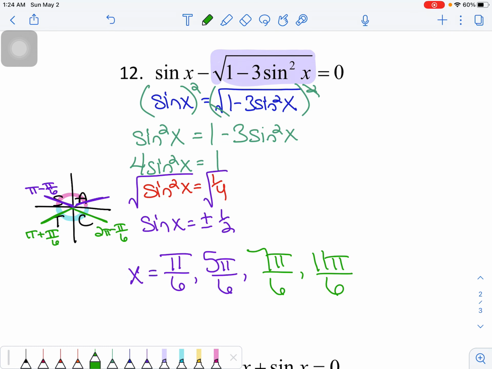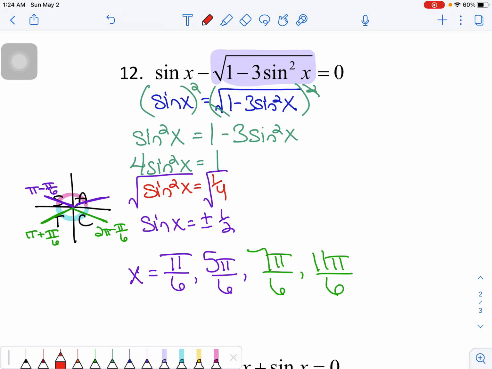Now, I would love to tell you that you are done with problem number 12, but then I'd be lying to you, and I don't try to do that too often. The problem is, because this equation has a square root in it, you have to check your work.